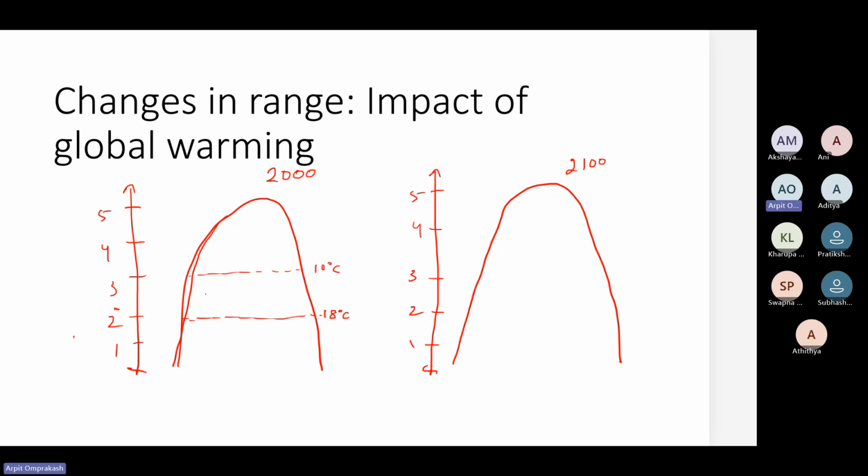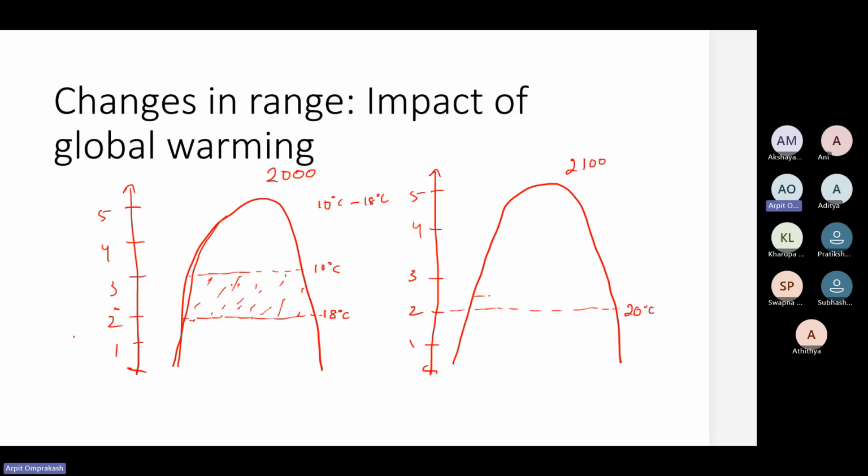And we had a species that was able to survive in this area because its thermal tolerance was from 10 degrees Celsius to 18 degrees Celsius. Now, after a few more years, what happens due to global warming? There's a lot more sunlight and a lot more heat. So the temperature here is now, let's say, 20 degrees Celsius, so 2 degrees more.